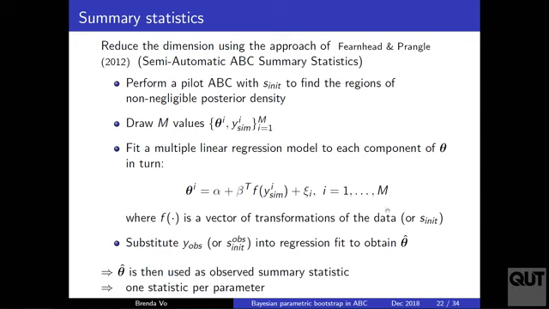After we get the estimates alpha hat and beta hat, we substitute the observed data into the fitted regressions to obtain the estimate theta hat. So theta hat is just a point estimate, and we will use that as the observed summary statistic.